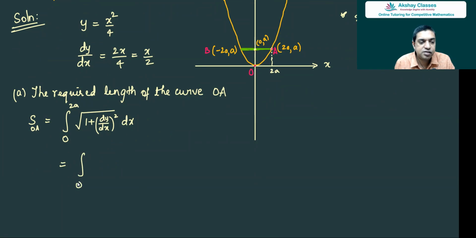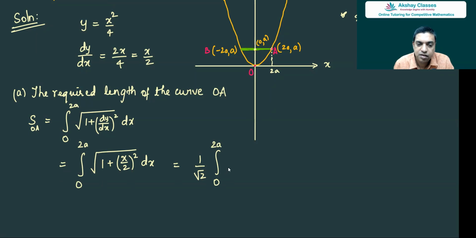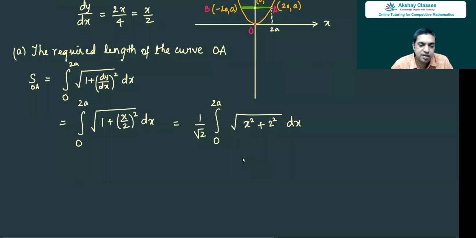This is the integral from 0 to 2a of the square root of 1 plus (x/2) squared dx, which is 1 upon root 2 taken outside, integral 0 to 2a of the square root of x square plus 2 square. This is a standard integral which I had told you all to remember.